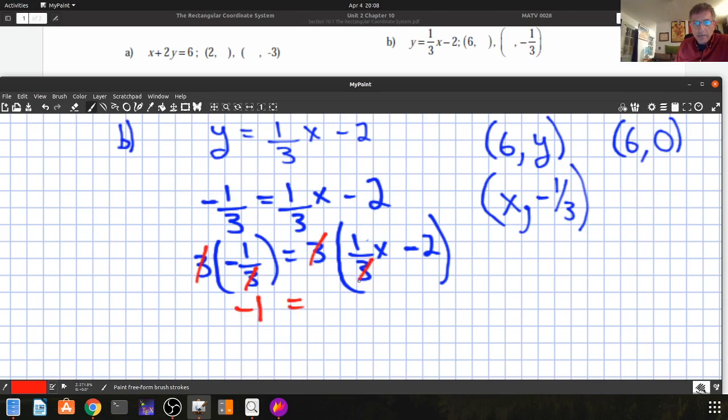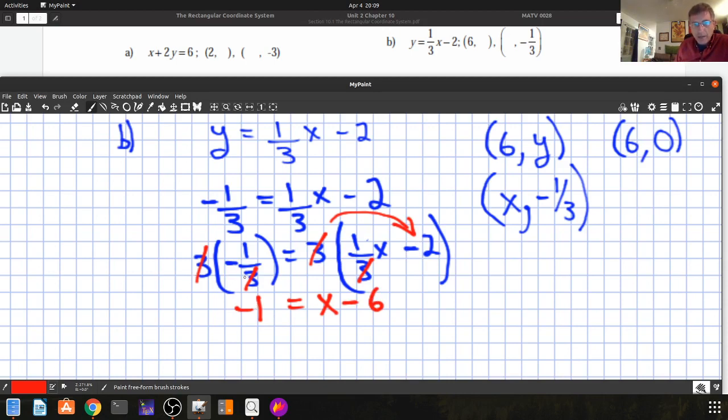This cancels here, so I'm having an x, but I'm multiplying the 3 also over to there. So 3 times 1/3 x, the 3's only cancel for that multiplication. But then I have to go back and grab the 3 again and multiply it by minus 2. I get minus 6.